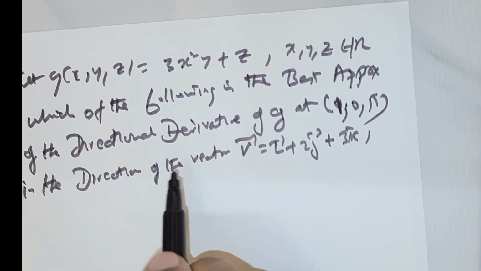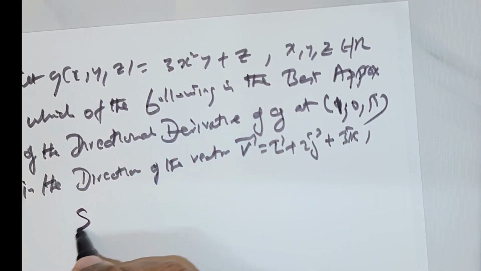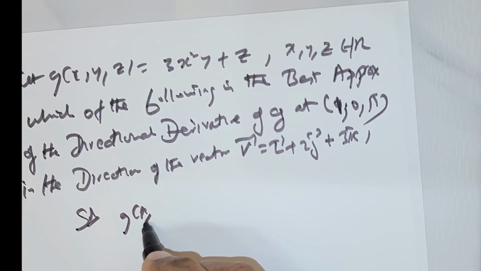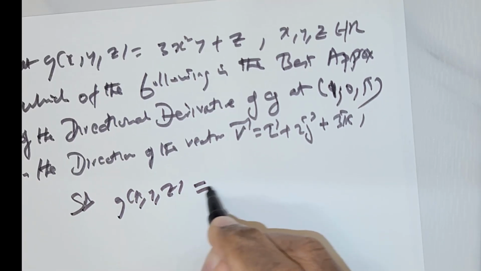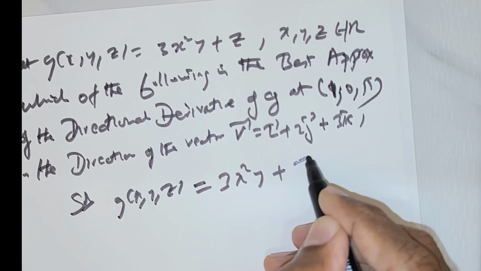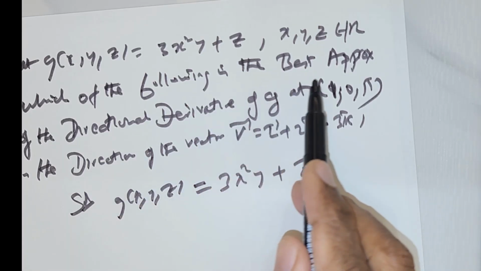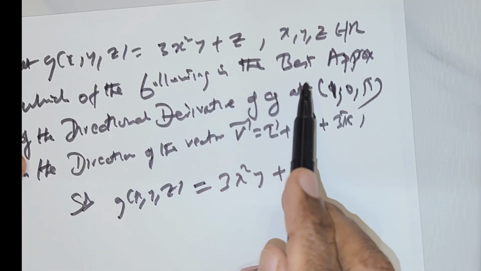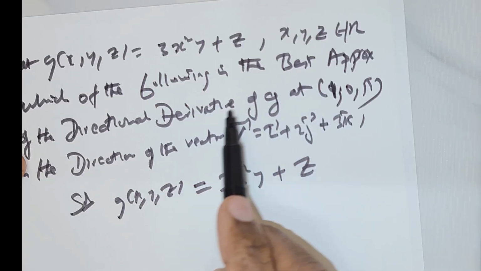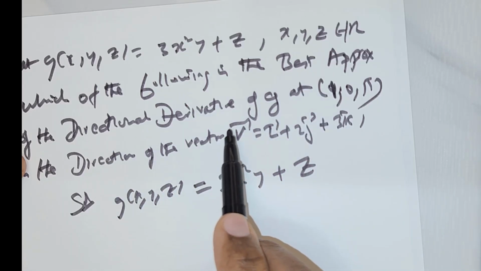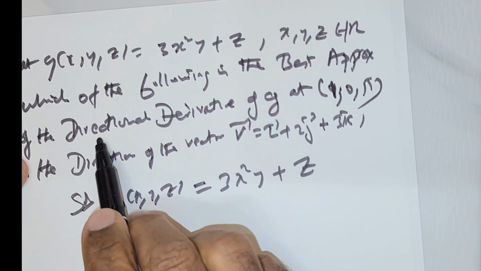Okay, so solution: g of x, y, z is given as 3x squared y plus z. So we are asked to find the best approximation of the directional derivative of g.